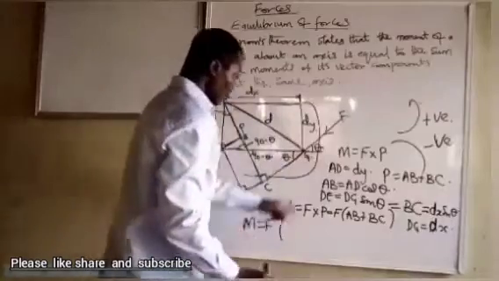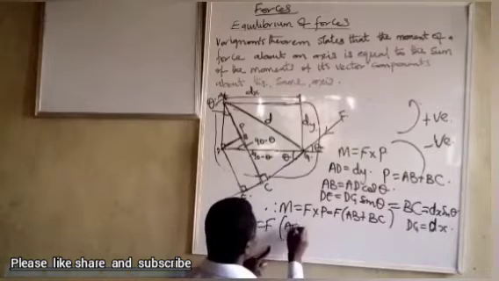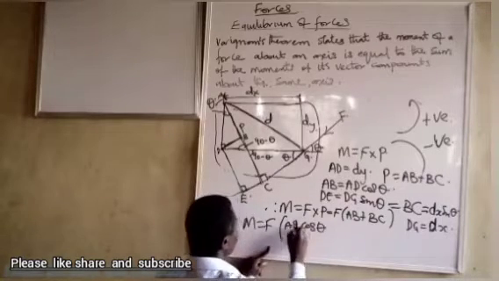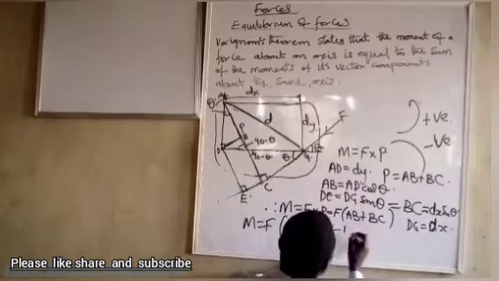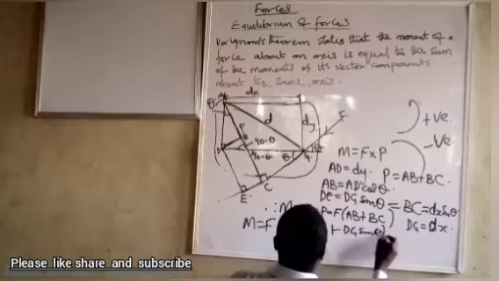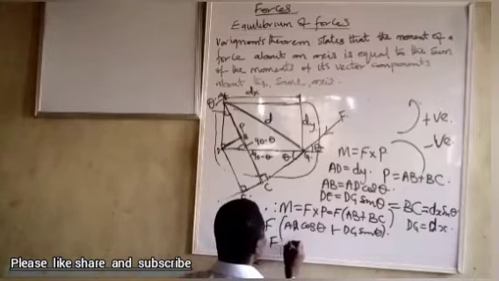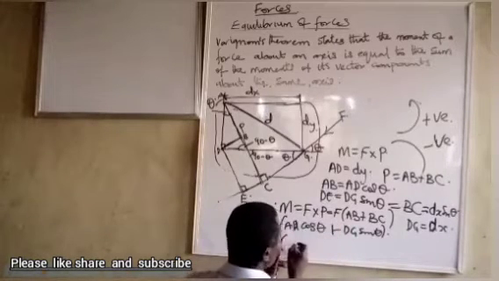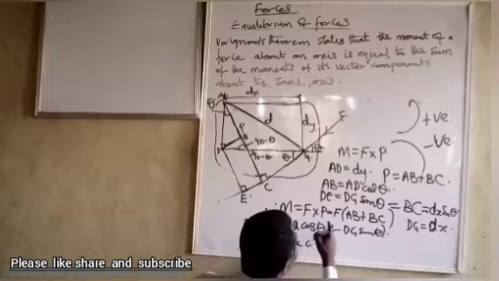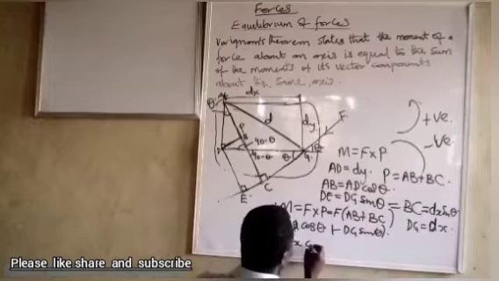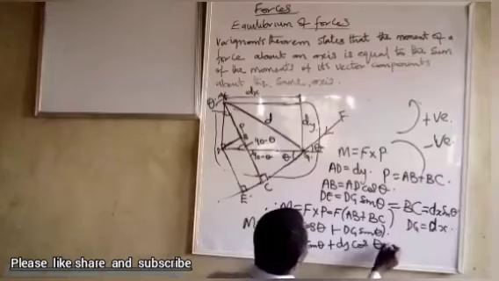So it's going to be AD cos theta plus BC, DG sine theta, which will give me F into dx sine theta plus dy cos theta.